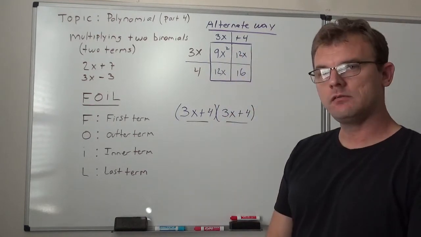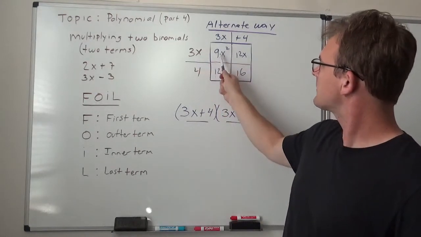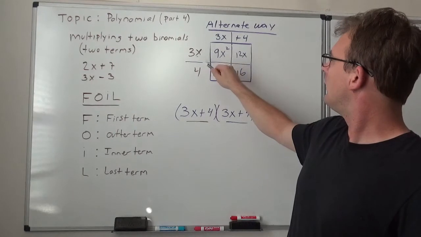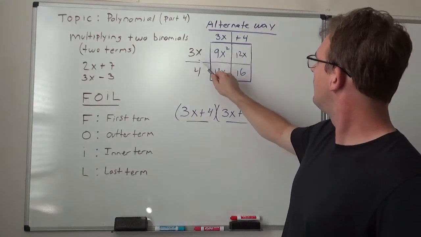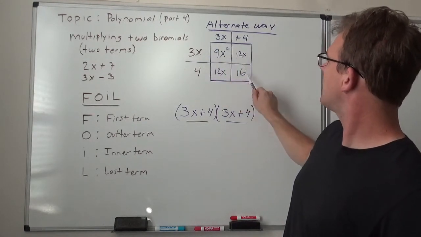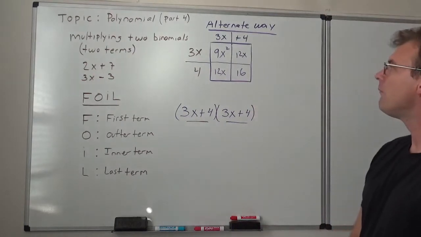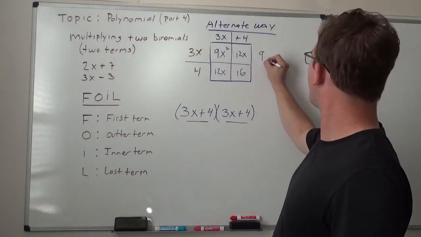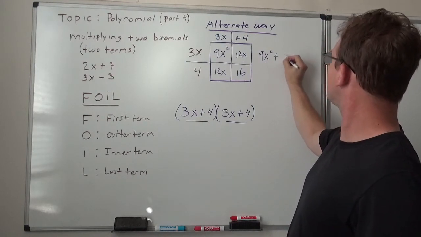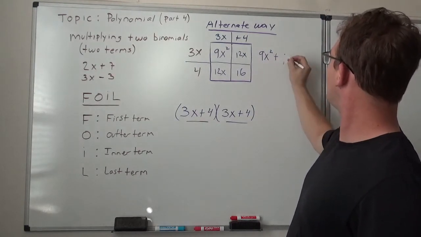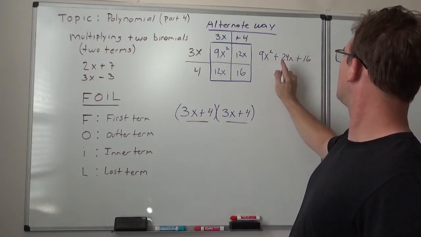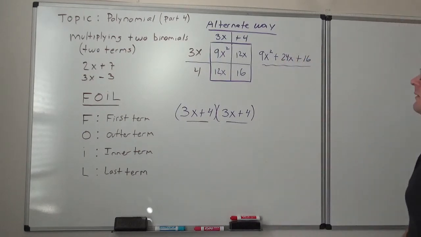You see what I'm doing? 3 times 3, 4 times 3. 3 times this, 4 times that. And now, just put it together. So 9x squared plus 24x plus 16. And there you go.